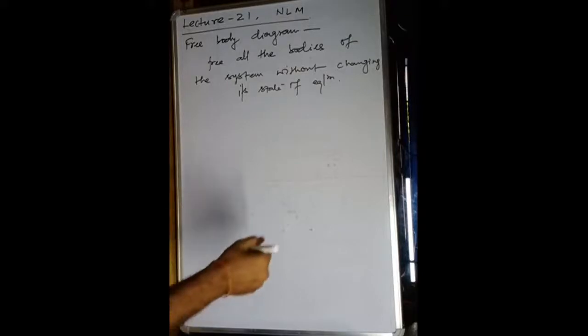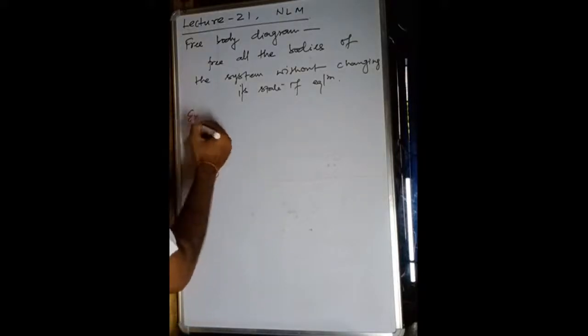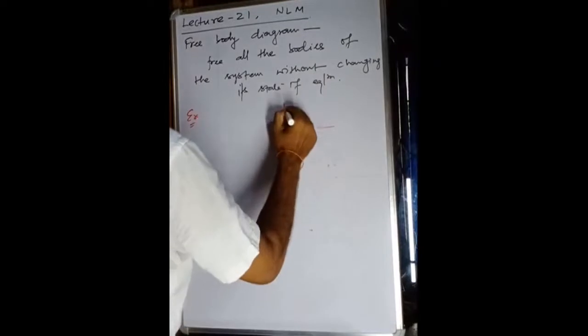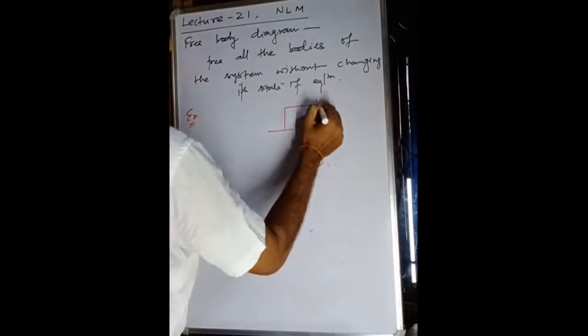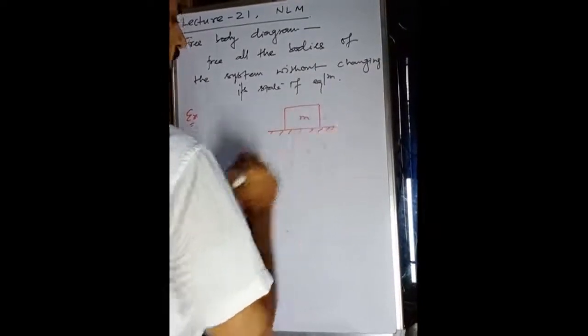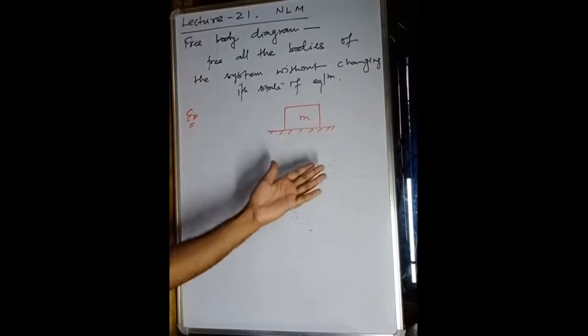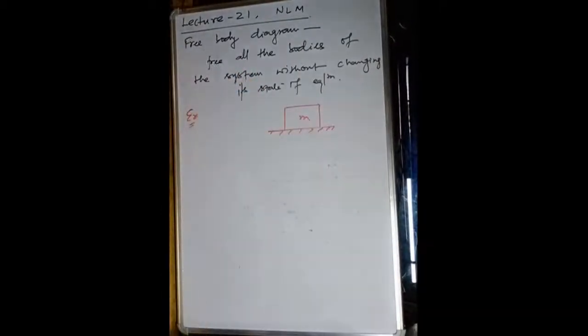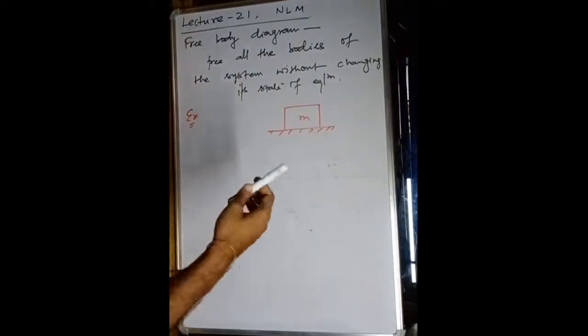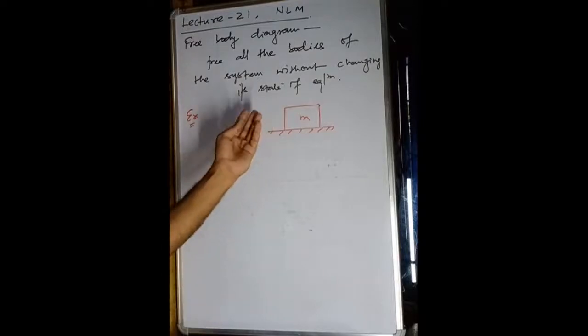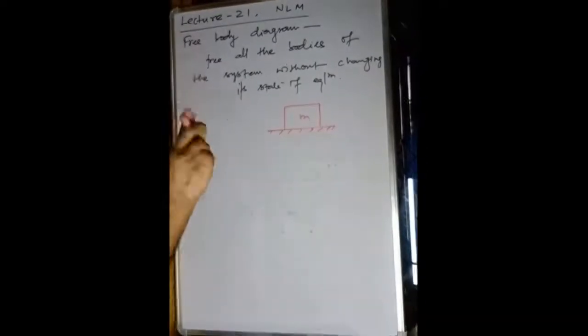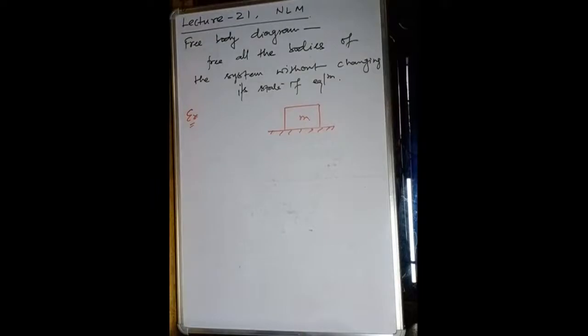My dear students, suppose here you are having an object of mass m kept over a rough surface. Could you guess how many forces are acting here in this system? So you can write all the forces. Remember, students, to study the concept of mechanics, you have to remember a few things.